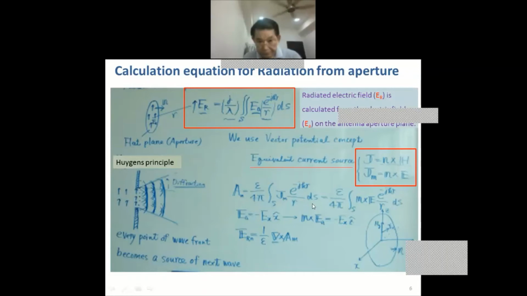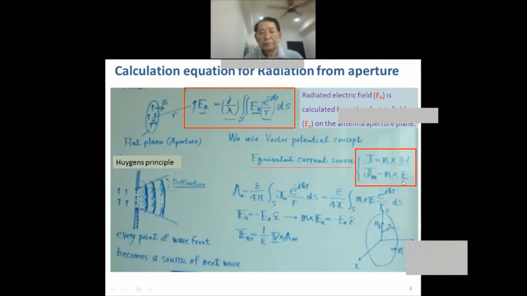So here, the electric and magnetic field on this aperture can be expressed equivalently: the H field is equivalent to an electric current, and the electric field can be expressed by a magnetic current. So this is the equivalent current principle.